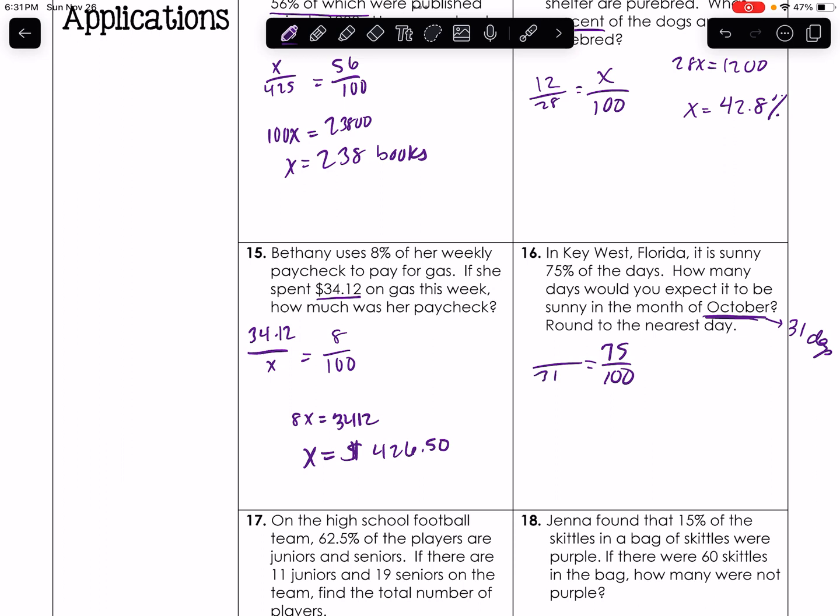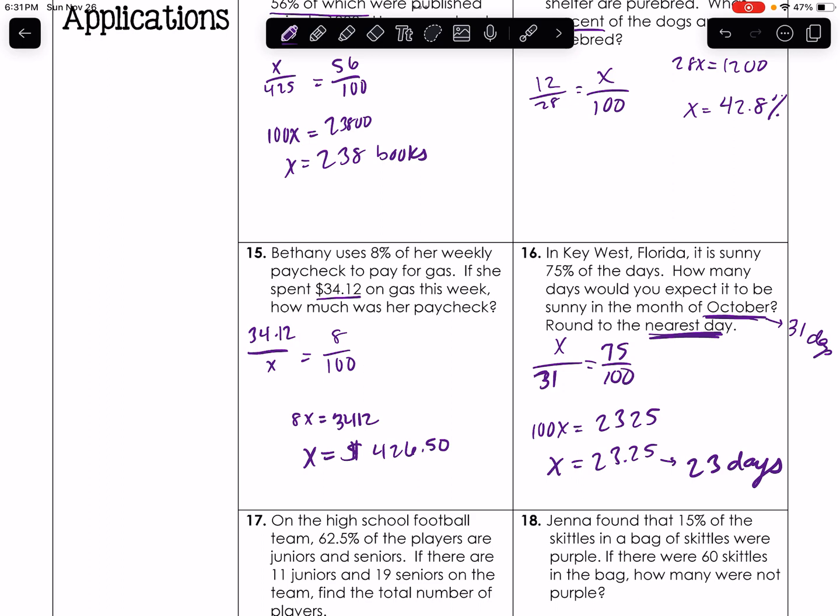And we're trying to figure out what is 75% of those 31 days. So cross multiply and divide. It says round to the nearest day. We can't have part of a day, so we have to round down because a quarter is a lot less than a dollar. So it's 23 days.